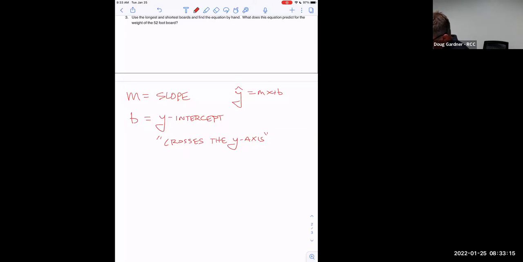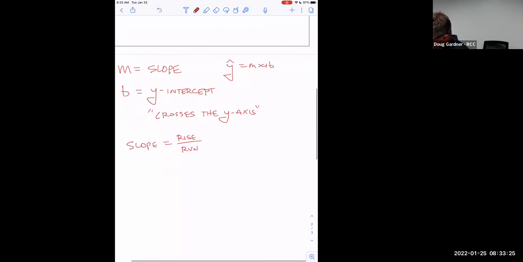Because slope is defined as rise over run. So if I had a line that looked like that, and I was working from here to here, and I said, okay, that's a rise of 1, 2, 3.